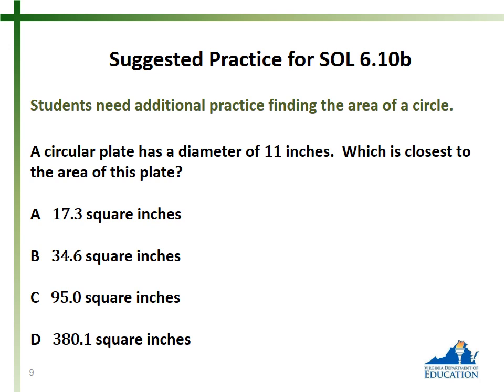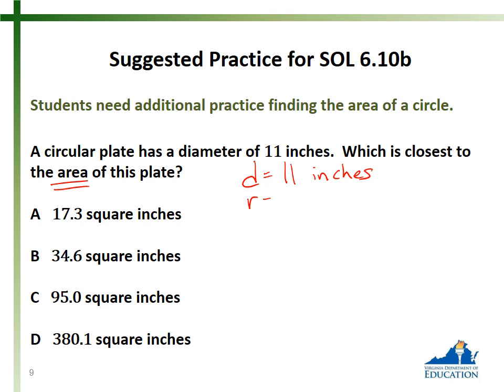So a circular plate has a diameter of 11 inches. So let's go ahead and write some key information down. The diameter is 11 inches. Which is closest to the area of the plate? And so for these types of problems, a common mistake is using the diameter instead of the radius.